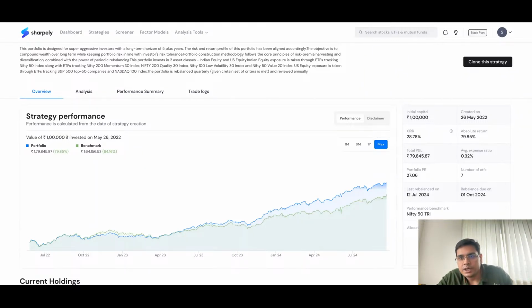How many data points will you have to actually train the model? Even if you take daily data points, then you have just 20 into 250, which is 5,000 data points to train your model on. So be careful about using AI.